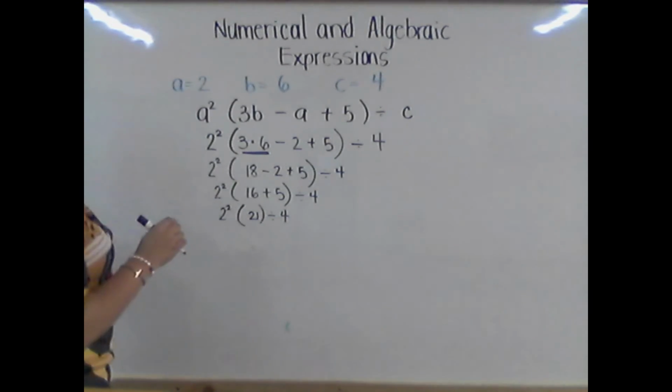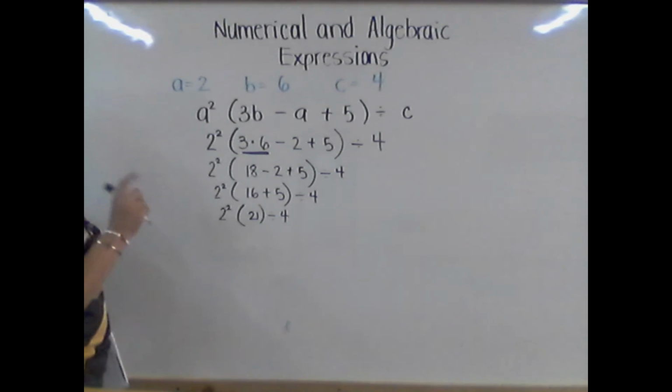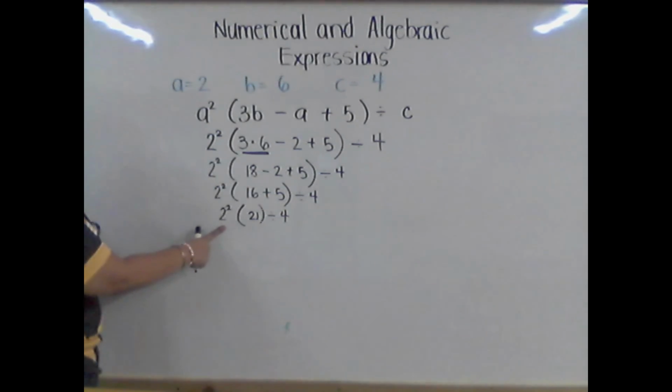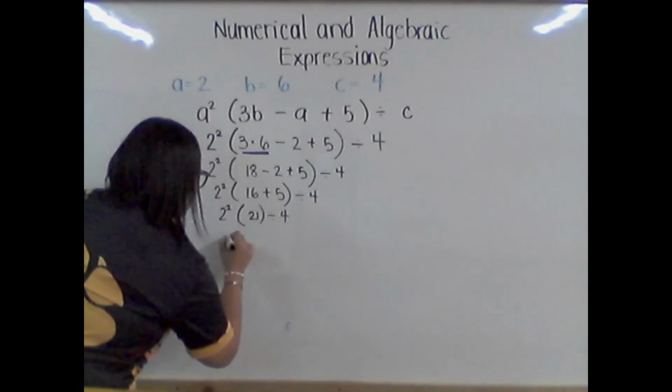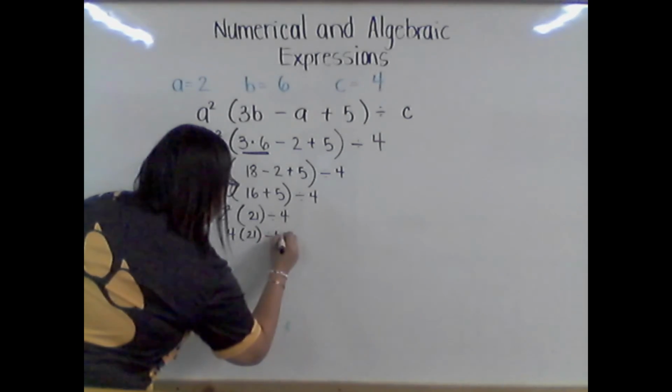Okay, now I'm done with one single number inside my parentheses. So now I will solve the exponent. 2 squared is the same as 2 times 2, which is 4, times 21 divided by 4.